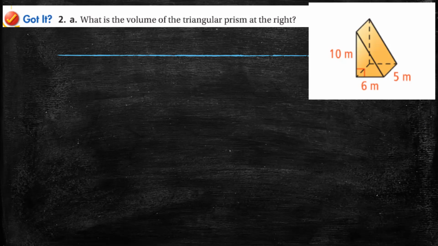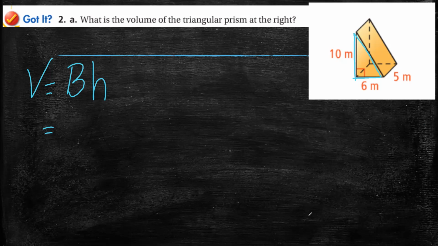Since its name is a triangular prism, and I told you before that I can name the prism according to the shape of the base, the shape here is a triangle. So this is my base. To find the volume, it is B times H, the area of the base times H.